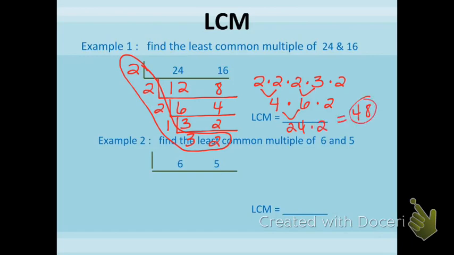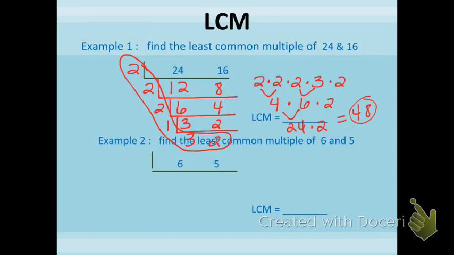I just find that easier to do in my head than doing it straight across. But whatever way is easier for you, as long as you multiply all those together. Okay? So the least common multiple is 48. Okay? So if we were trying to find a common denominator for some numbers, 48 would be our answer.